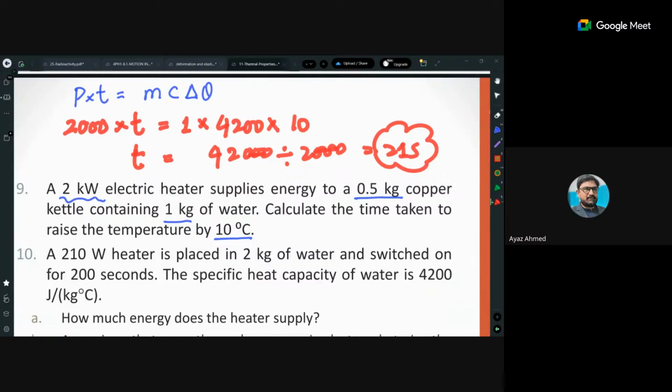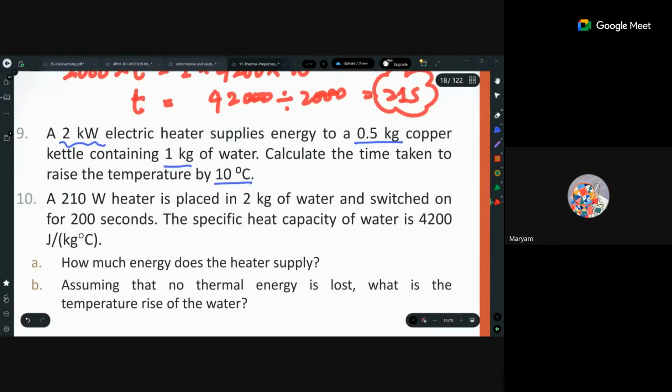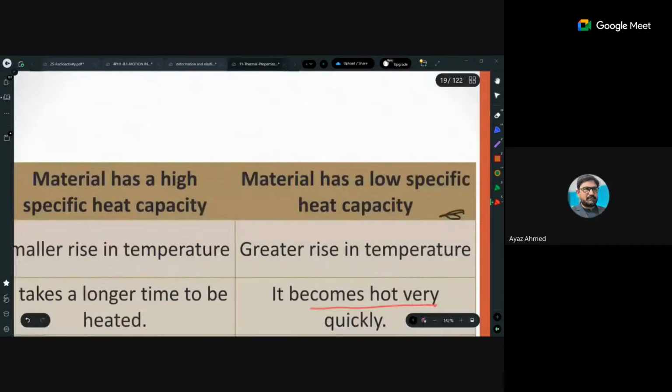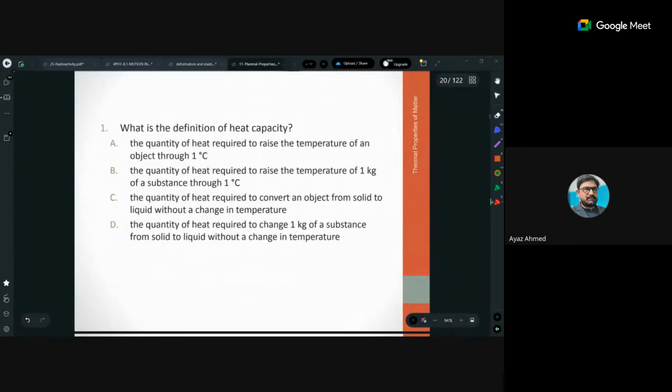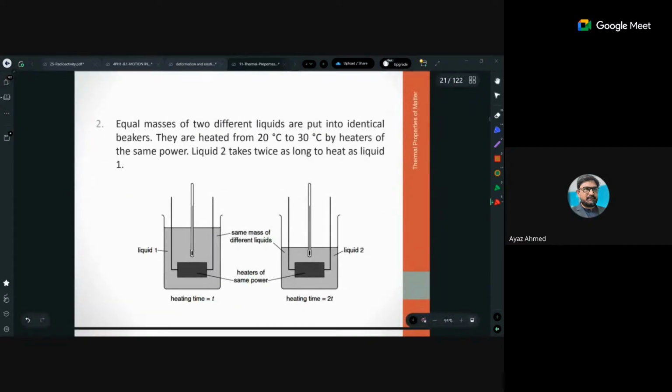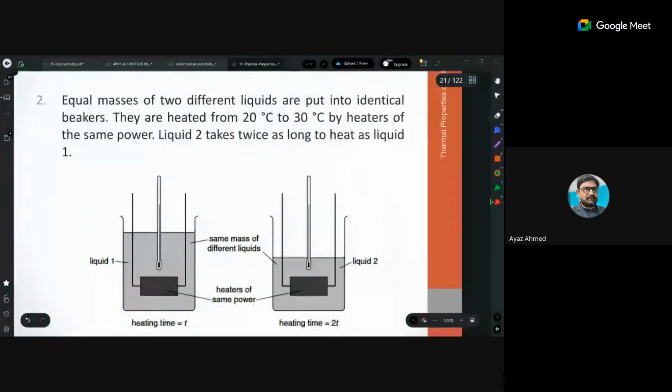Yes, sir, we're there. 21 seconds, right? Is this clear to all now? Yes. Okay. So these types of questions are basically learned by practice, and then by the definition of specific heat capacity. And these are the perfect exam questions for you.